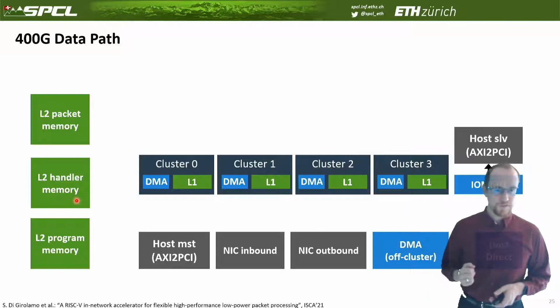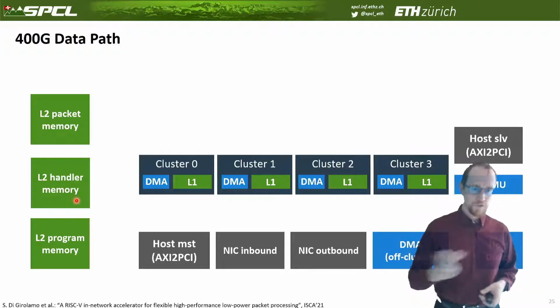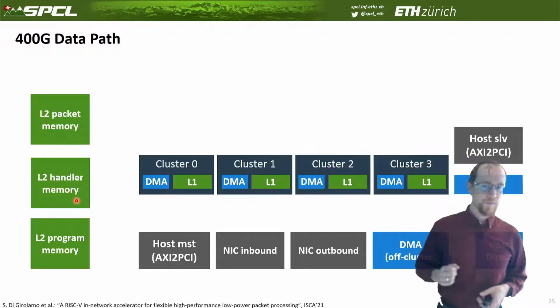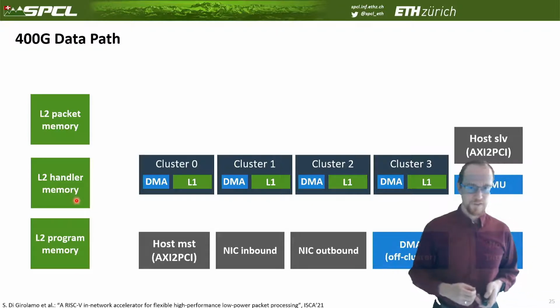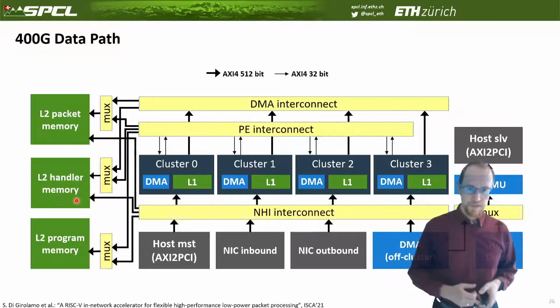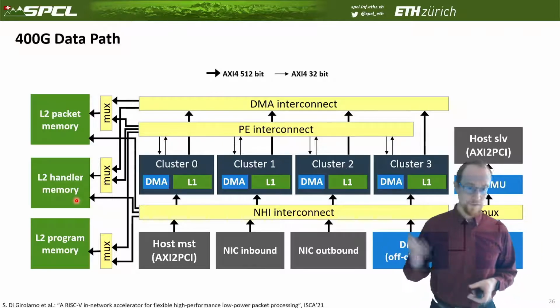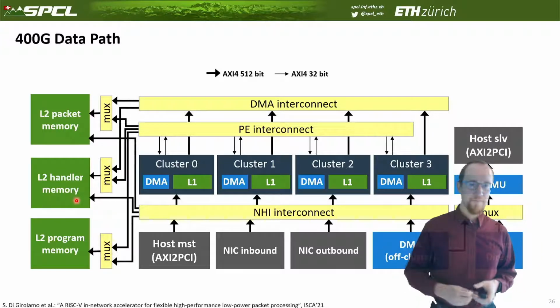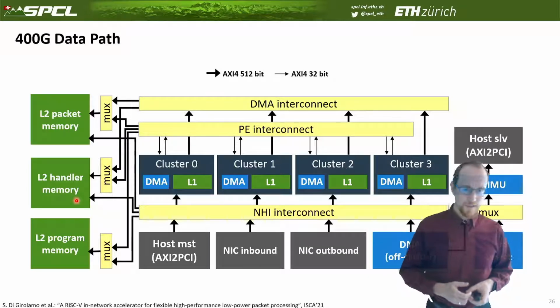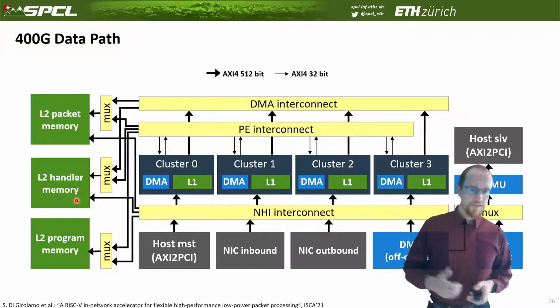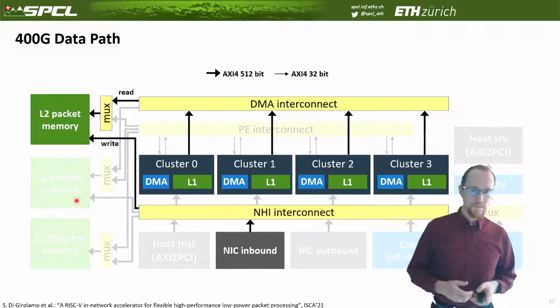We have an off-cluster DMA engine, which goes to the host interface. Then we have a NIC inbound and outbound engine, and then a host adapter. So there are lots of interconnects here that I don't want to talk about in great detail. They have different widths. One is 512-bit, the thicker ones, and the smaller ones are 32 bits, just leading to the cluster. So these are all AXI interfaces in this specific implementation.